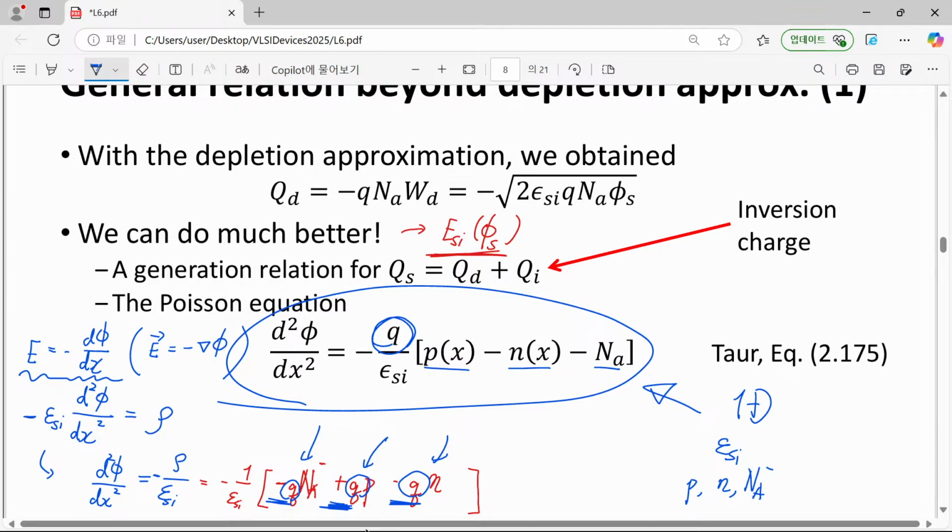So in general, we cannot solve it. But as I told you repeatedly, fortunately for this system, although we cannot solve it numerically, we can find out valuable information out of it. This is the beauty of this planar MOS system. I really love this system because we can avoid the use of a computer program.